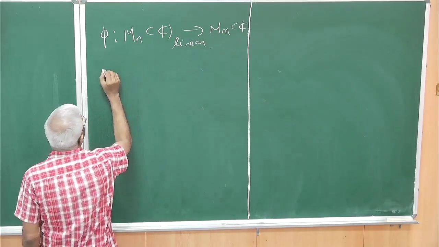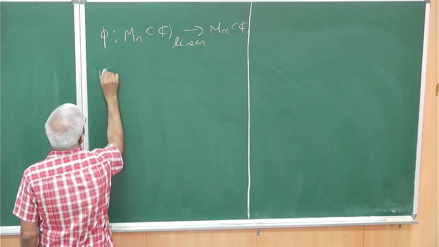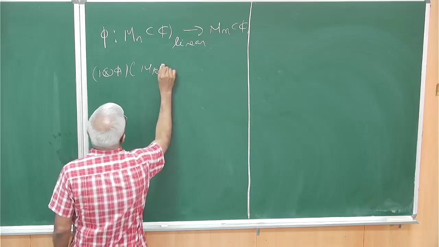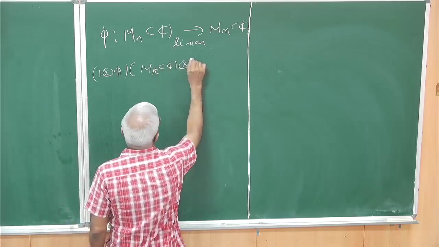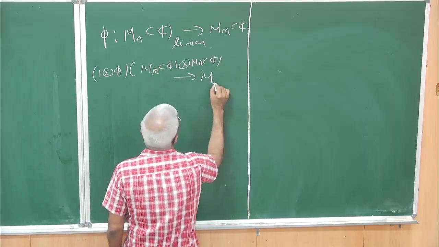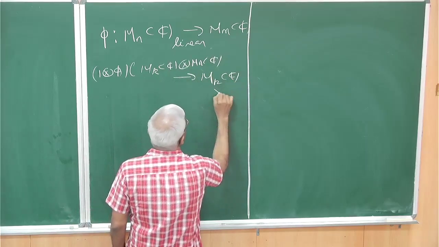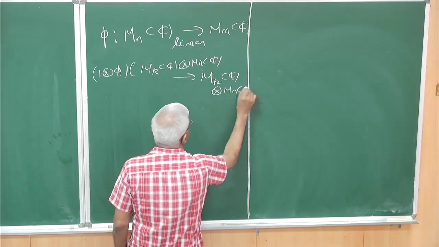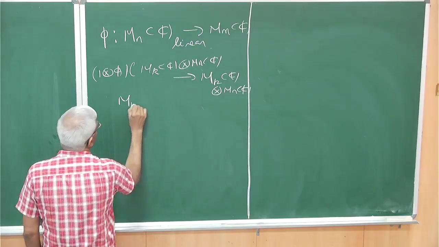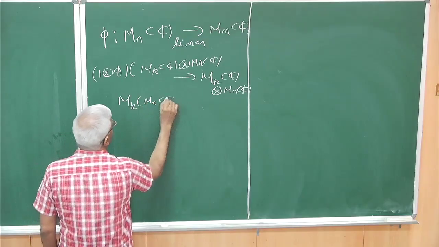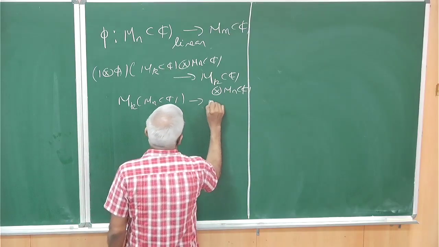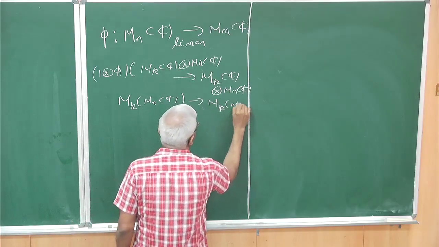If you have this map, then you can define it on the tensor product, from M_k(C) tensor M_n(C) to M_k(C) tensor M_m(C). And this is matrices of matrices. This is just M_k of M_n(C). You can consider it like that, and from here to M_k of M_m(C).